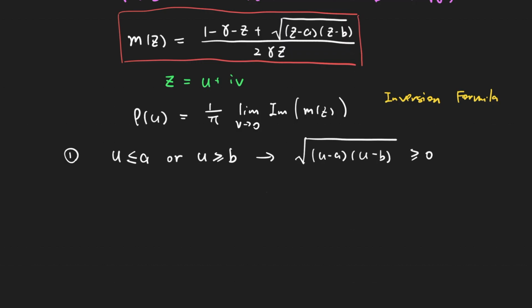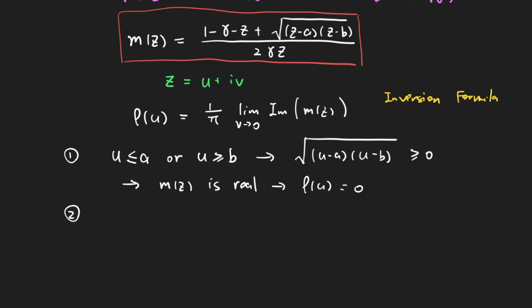We can replace z with u because we only care about the case where v goes to 0, right? There's no imaginary part. And when we take the limit of that, this square root term is greater or equal to 0, right? It just means that m of z is real, which means that the density function equals 0, right? So that's scenario 1.